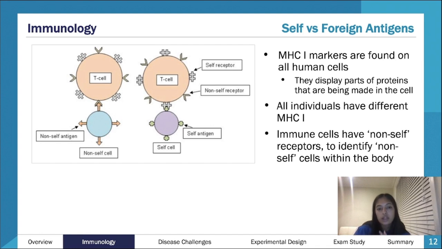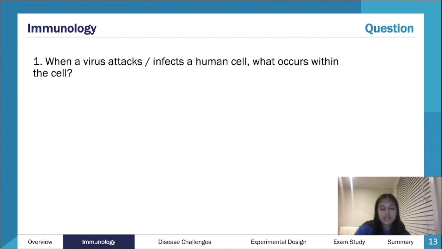Your MHC1 markers are your self antigens, and stuff that might be on a pathogen is your non-self antigen. So T cells are able to detect what belongs in the body and what doesn't. Hopefully that makes sense.